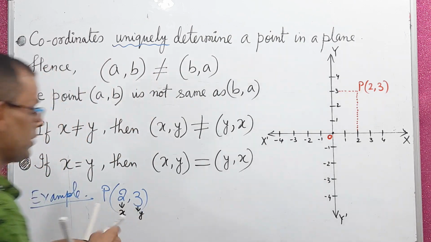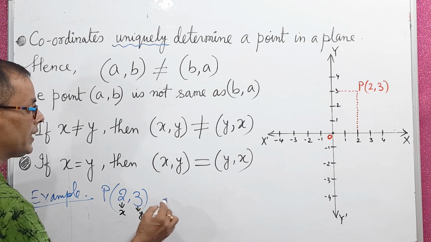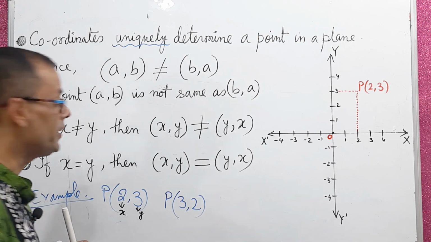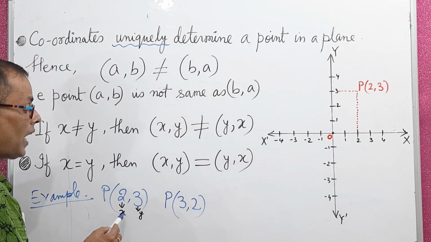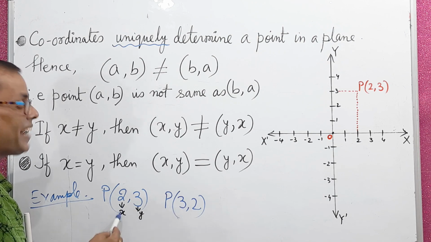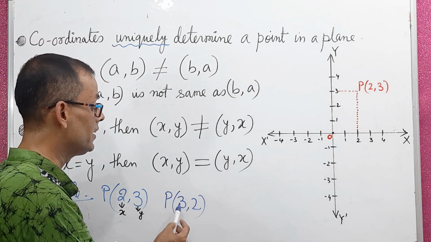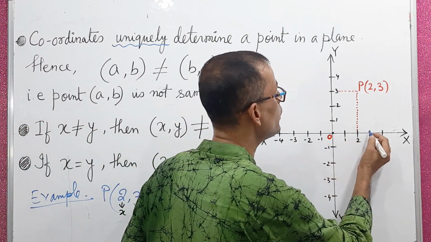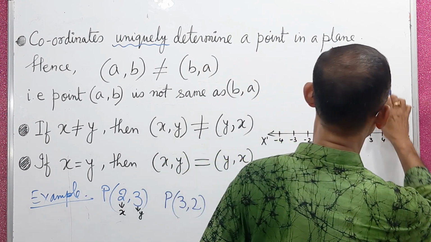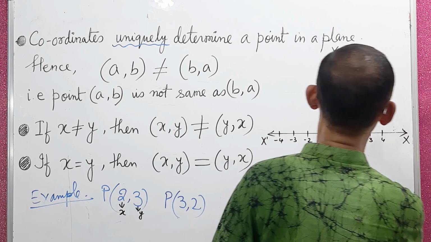Now if I say that this P point, I just change it to (3, 2), that means I am taking the y value as x and the x value as y. Then just see how I will plot it. (3, 2). Then the point will come like this. I have to be in front of the diagram, so you are seeing my backside.